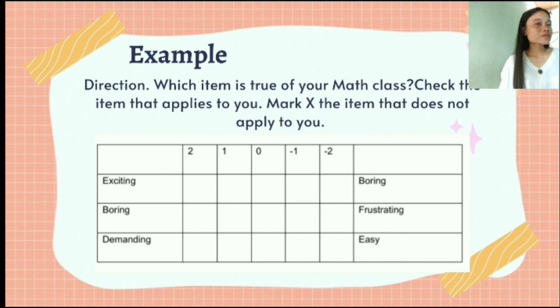You just need to check the item that applies to you and mark X the item that does not apply to you. We have here 2, 1, 0, -1, -2. So there are opposite adjectives here: exciting, boring, frustrating, demanding, and easy.